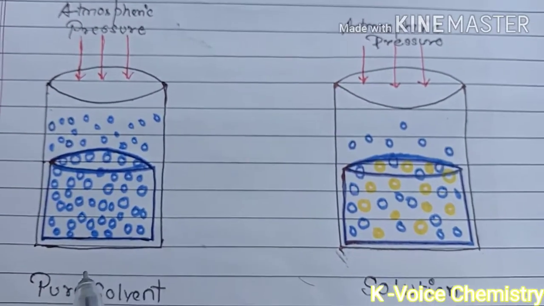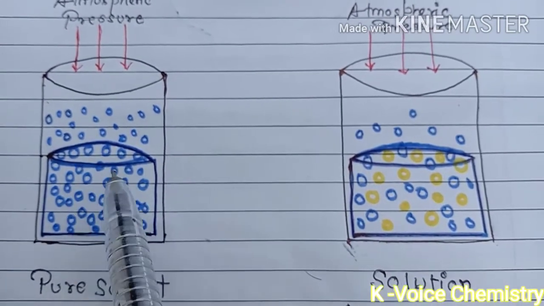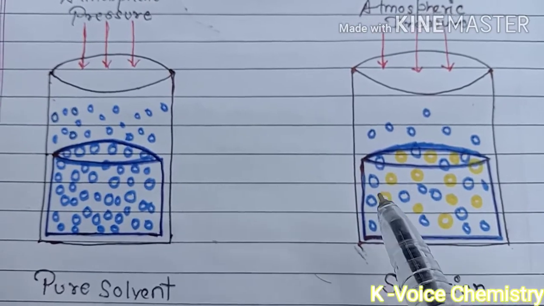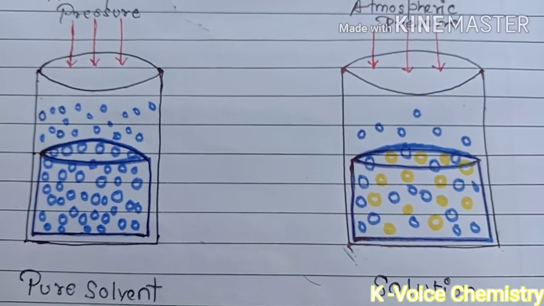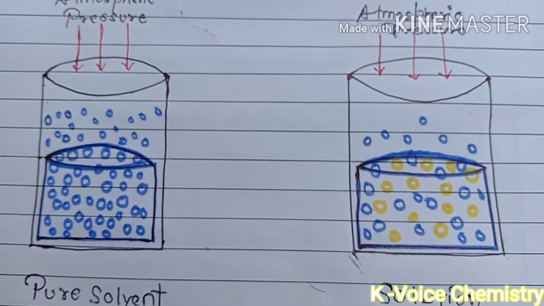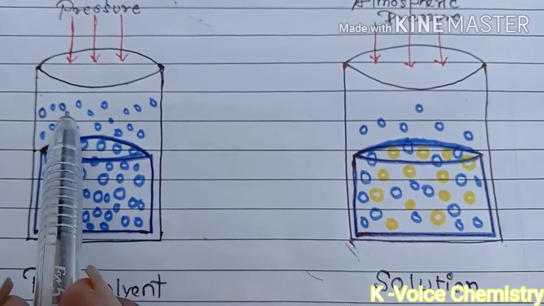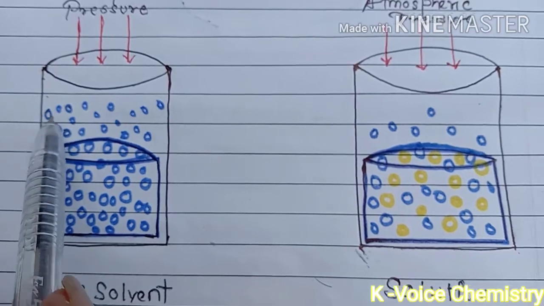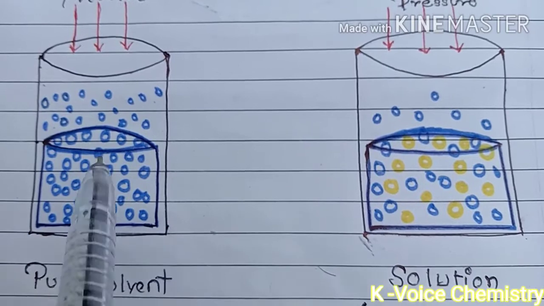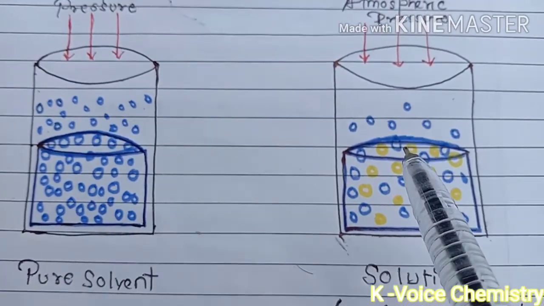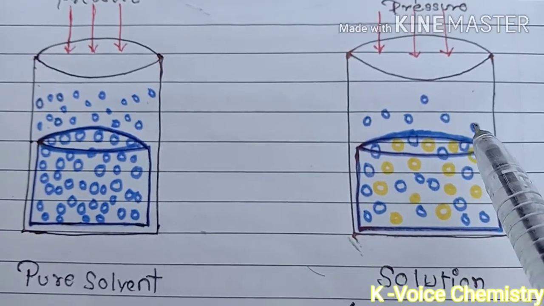In this pure solvent there are only solvent molecules, and in this solution we have this yellow dot, that is the solute molecule, and in this case the solute is non-volatile. So what we are seeing is that the vapor pressure being generated in the pure solvent is more as compared to the solution, because we can see that a smaller amount of vapor pressure is being generated here.